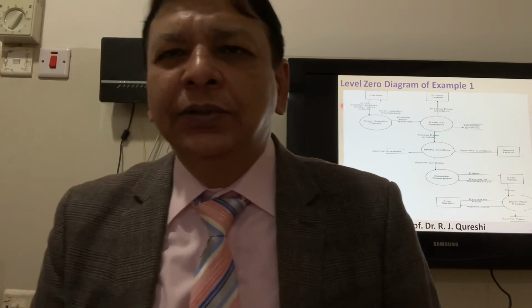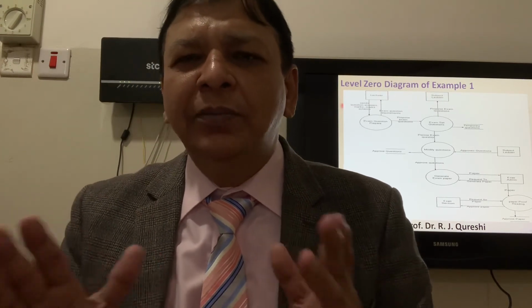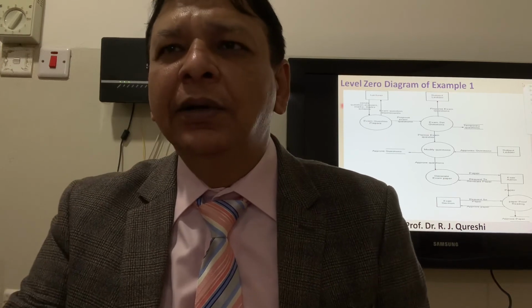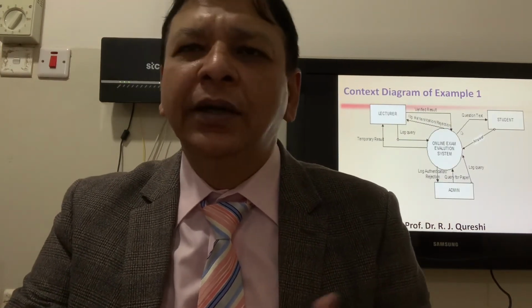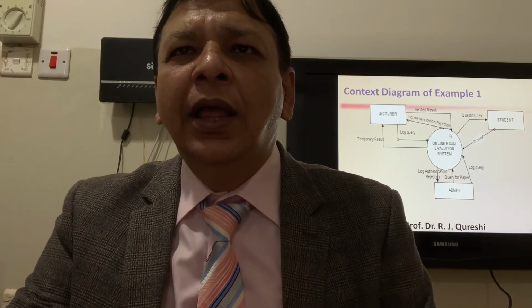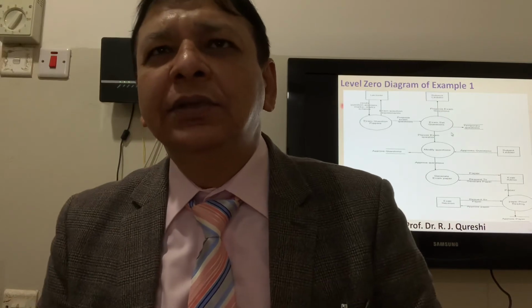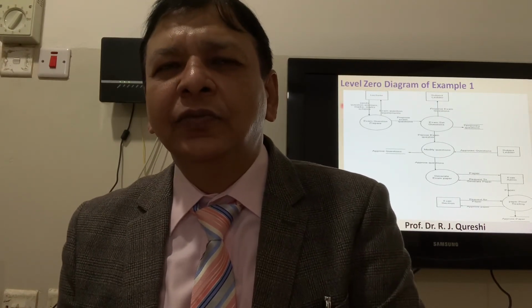So the context diagram is the first diagram, which just shows the main process and the main entities, and the data flow is there. There is no need for a data store. Then if that is the context diagram, we call the next one level 0, and then level 1.